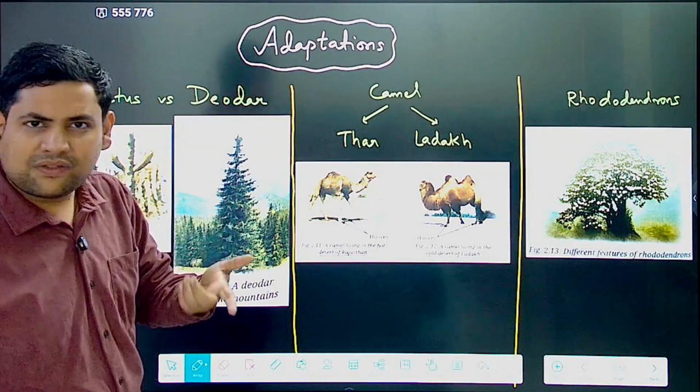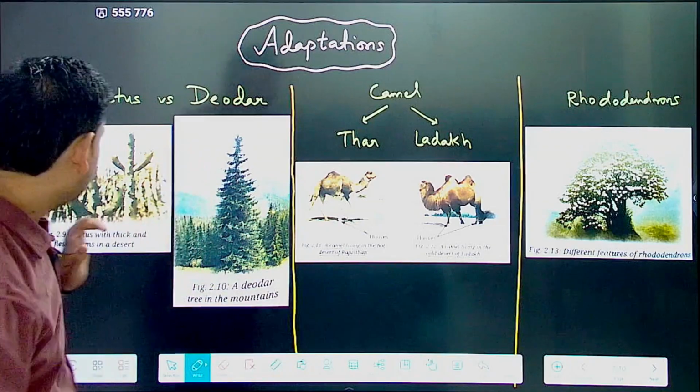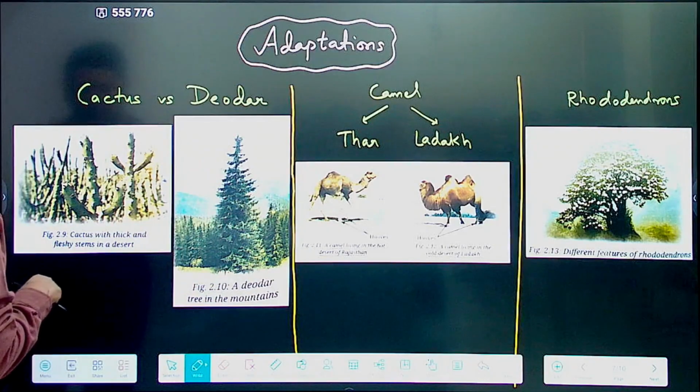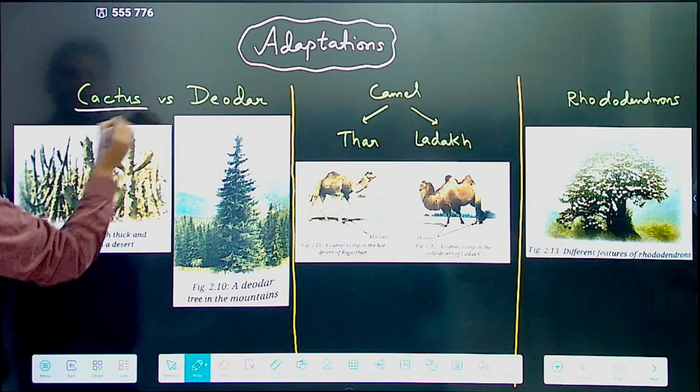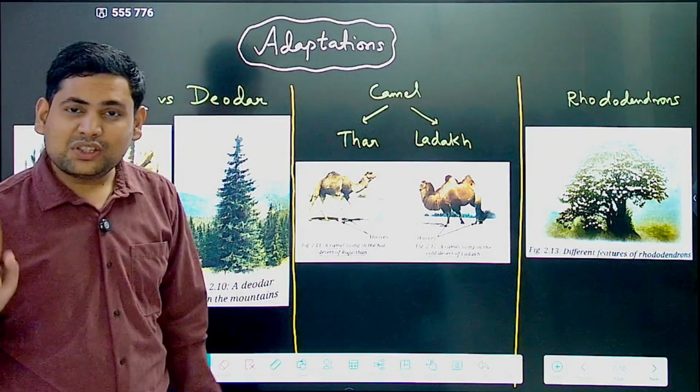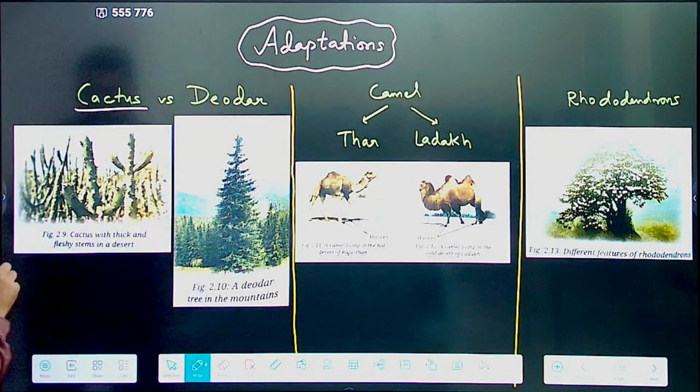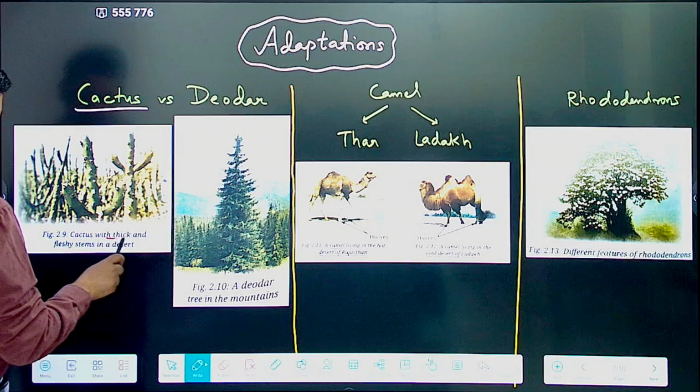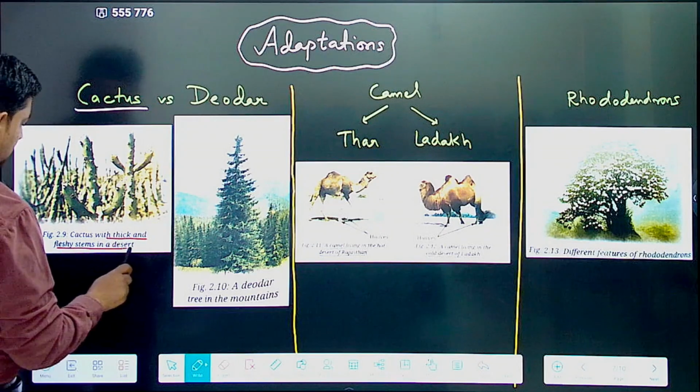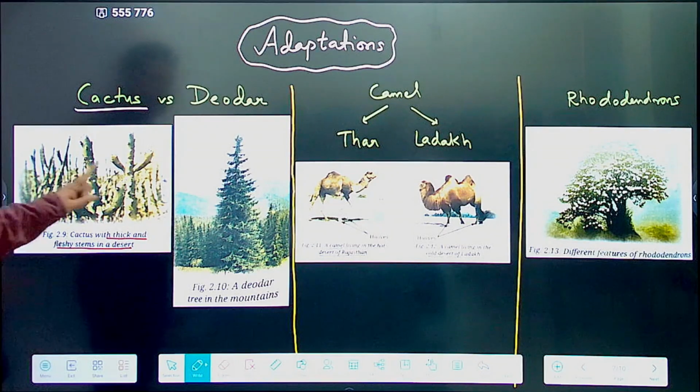There are some chapters on environment. So from there, now you see here cactus. Where does cactus grow? Cactus grows in the desert, correct? Now, can you see that it has thick and fleshy stems in the desert? Why does it have thick and fleshy stems?